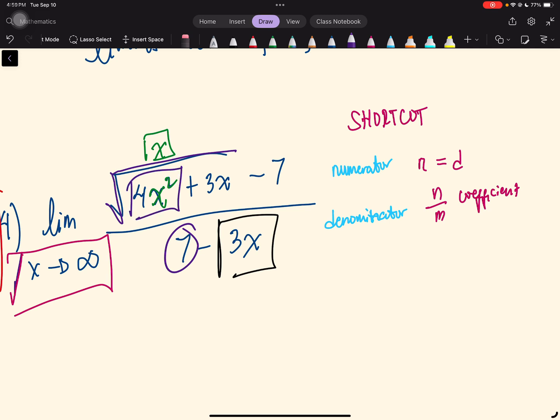It's 2. So, it's 2x. That's the numerator. So, basically, the limit as x approaches infinity for this one is negative 2/3. That's the answer.